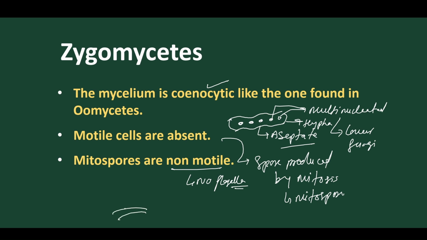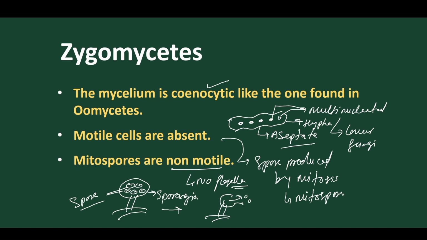Normally in Zygomycetes, they contain a sac-like structure called sporangia. Inside the sporangia we find the non-motile spores. When the spores mature, the sporangia burst and release the spores.